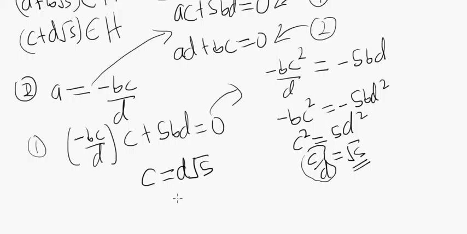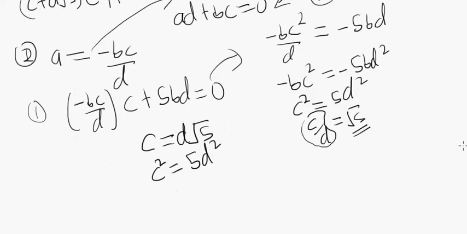How do we simplify this better? Let's see. So actually, it's better if I write it like this. We're saying that c squared equals 5d squared, right? So notice something here, this is c squared and c is an integer, right?